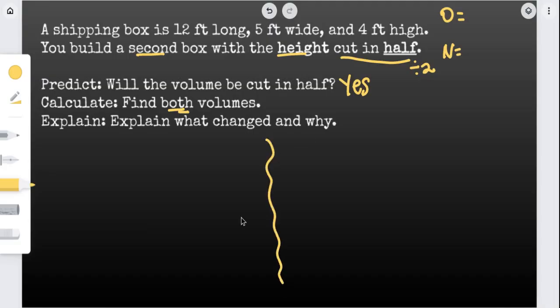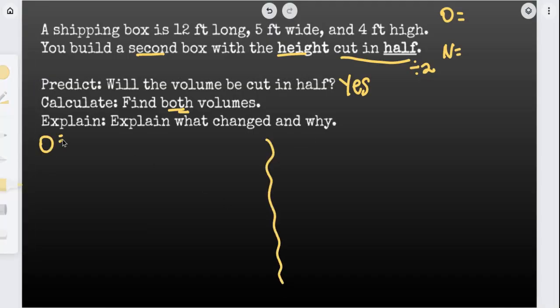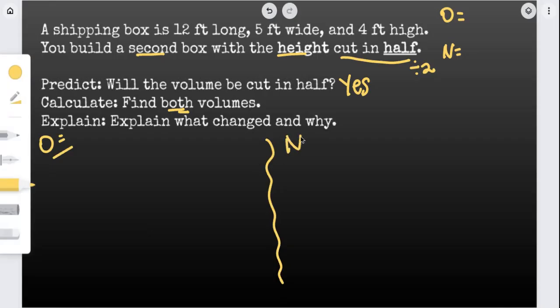So let's get started. Again, I'll set it up, the original and the new. And for my original, I still need length times width times height. My dimensions are 12 times 5 times 4. I could either say 12 times 5, that would give me 60, or I could say 5 times 4, that would give me 20, both of which are very easy.